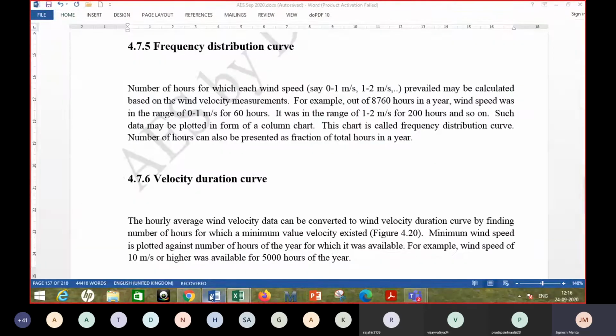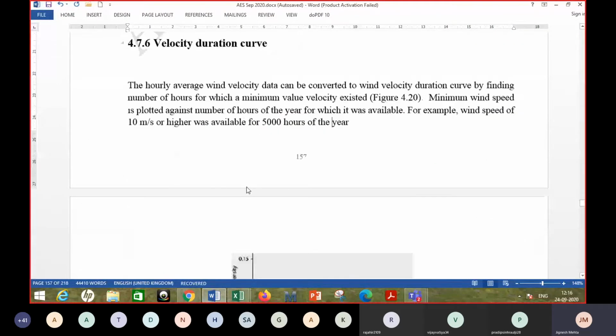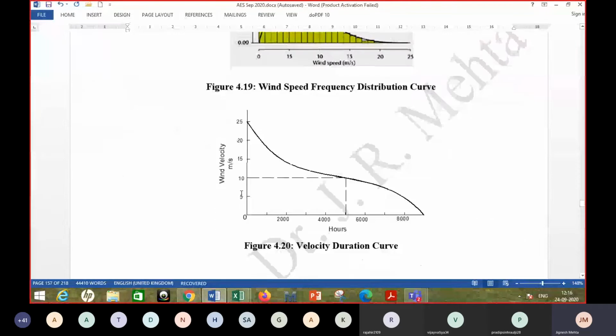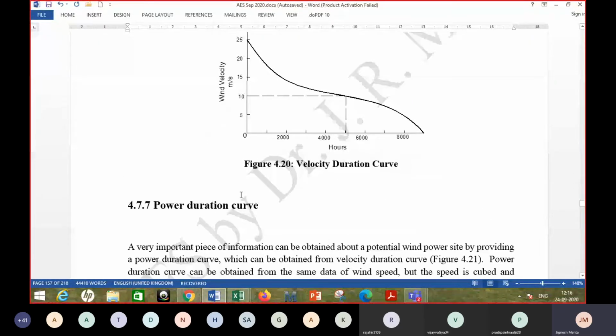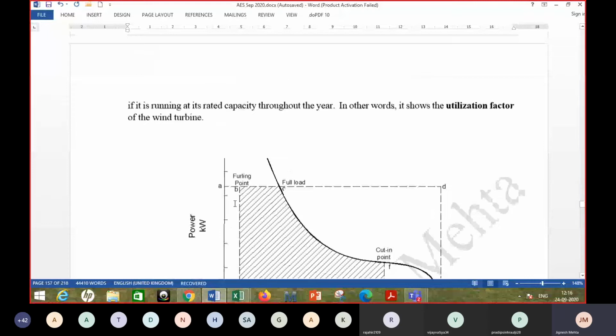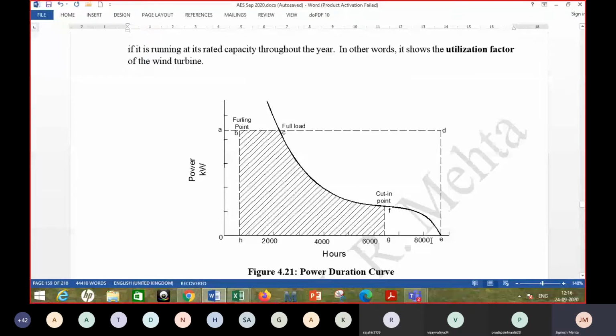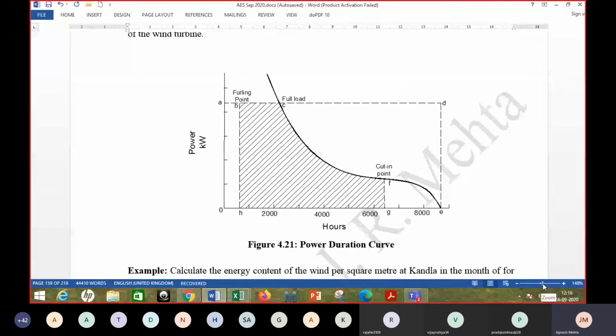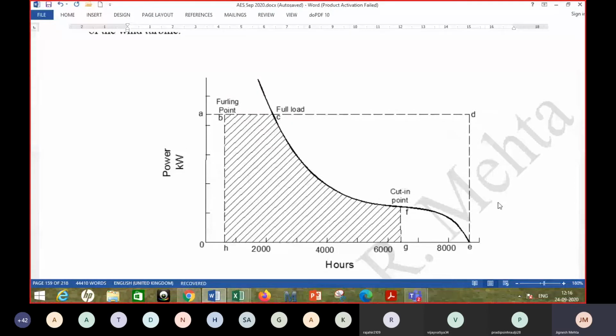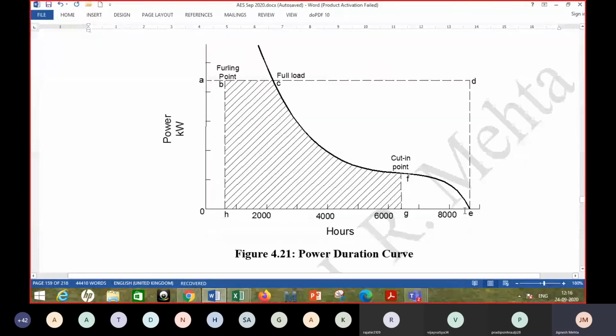So that is what is shown here in the power duration curve. So this is for 8760, right? And what you find is that for a few hours the velocity is quite low. So let's say this is 6500.